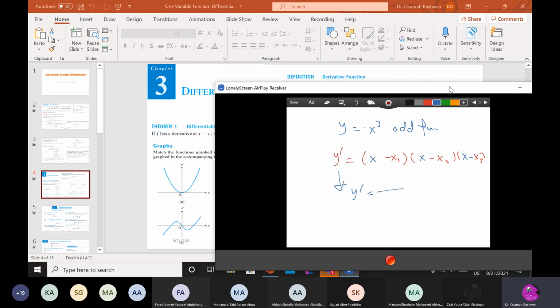Y dash has x to the power 3, right? So y supposed to have what? Y equal to x to the power what? 4. What does it mean x to the power 4? It means you have 4 roots, right? Right.